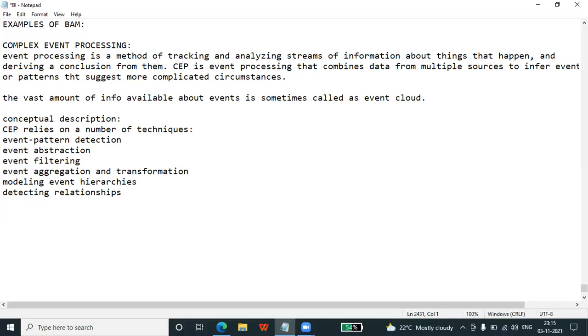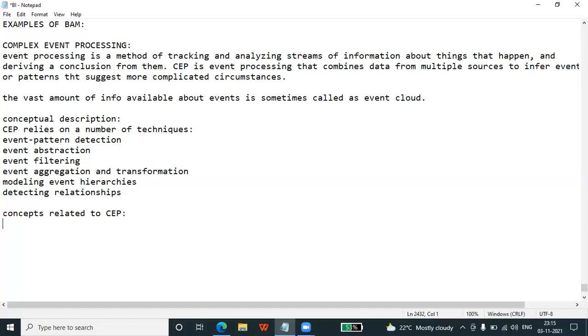So what are the concepts related to CEP? CEP is usually used in operational intelligence solutions to provide insights into business operations by running query analysis against live feeds and event data.